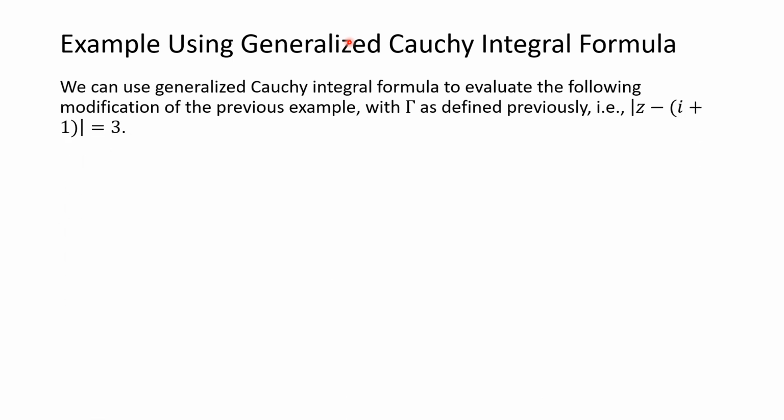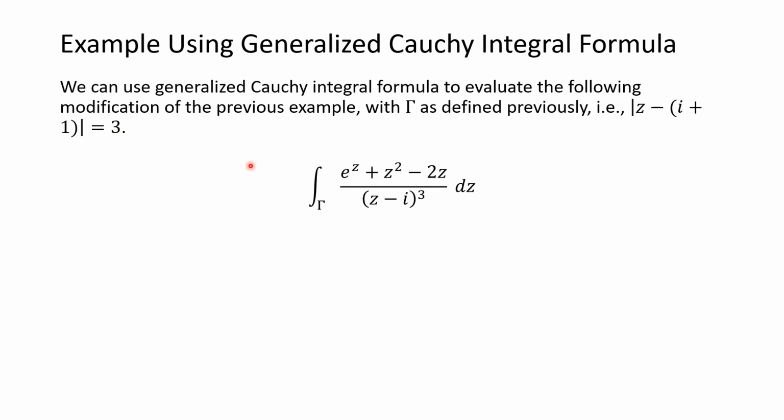Okay, let's do an example of using the generalized Cauchy integral formula. We'll take our example from the Cauchy integral formula that we had done previously. It'll be the same contour, which was a circle centered at i plus 1 with radius 3.